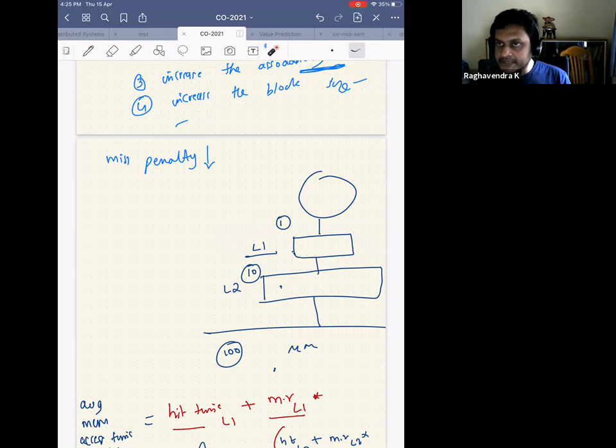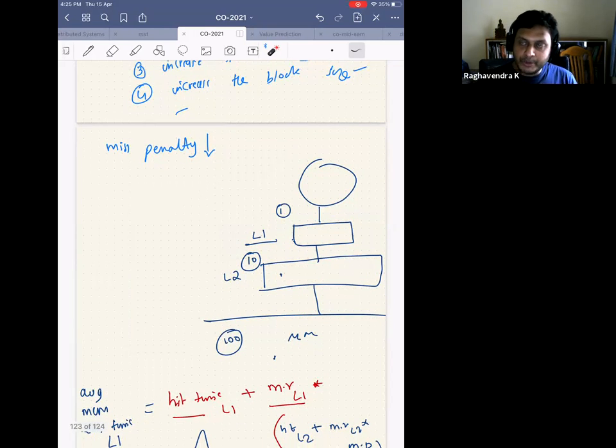Then I have L2 cache, which is bigger, but the hit time of the L2 cache is higher, which means the search time is higher, but the miss rate is lower for L2. So one more way to reduce miss penalty is to give priority for reads over writes.